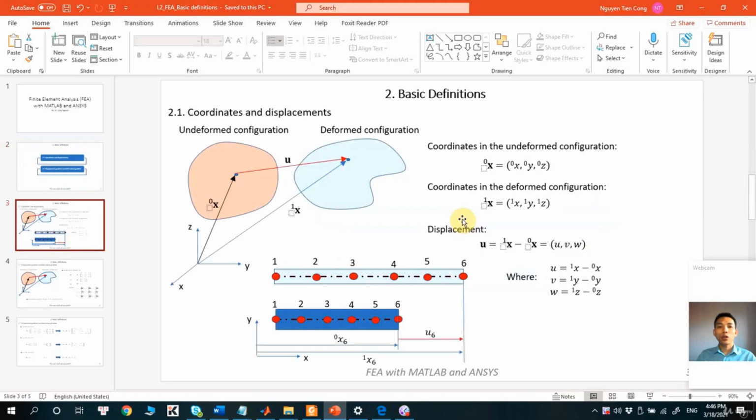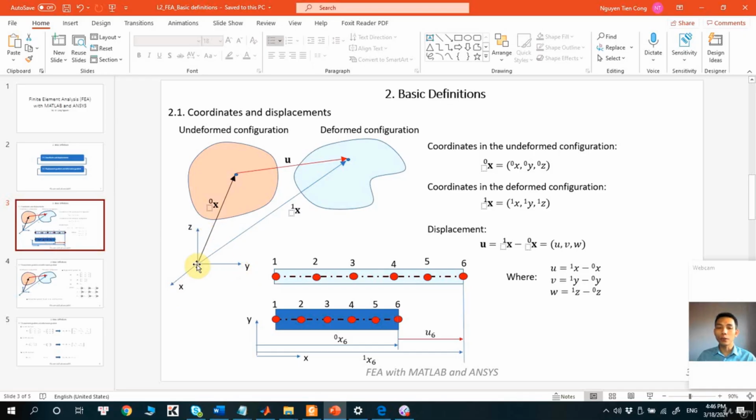About coordinates and displacement, whenever we want to investigate a structure, shown in pink here, we need to put the structure in a coordinate system, and traditionally we often choose the Cartesian coordinate system x, y, and z, which is fixed.